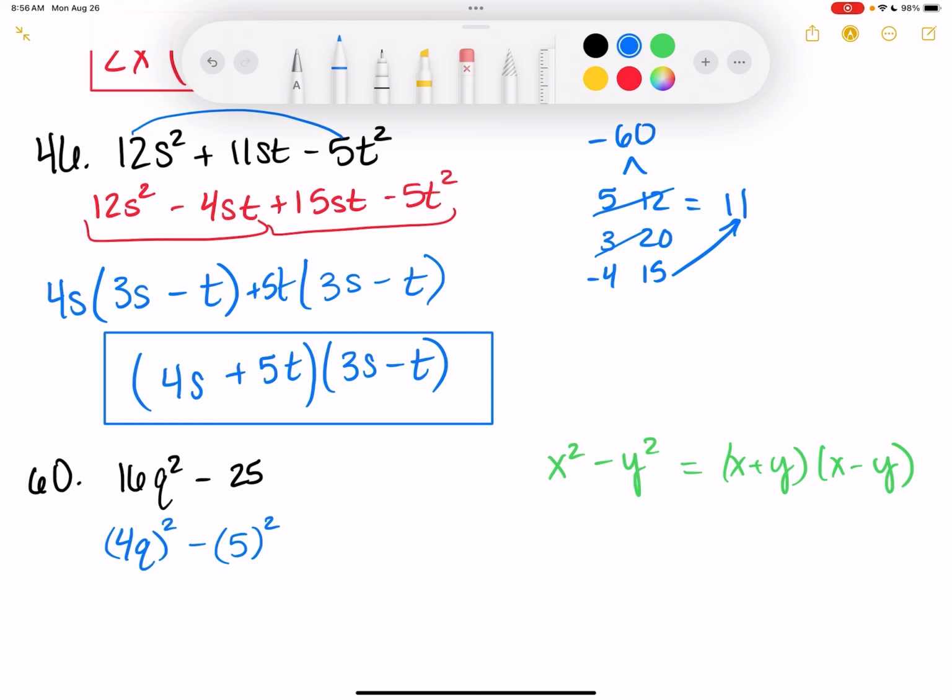So then based on that, what is this going to factor into? Basically, imagine this is x and this is y. 4q plus 5 times 4q minus 5. Yep. Nice and easy.